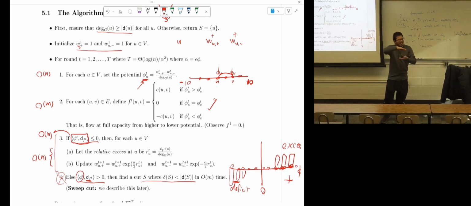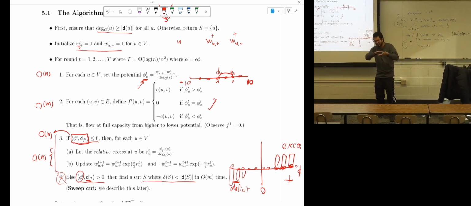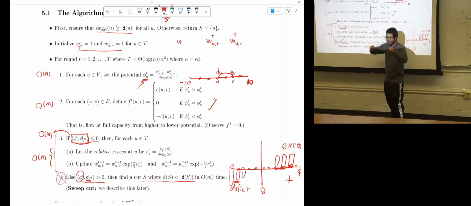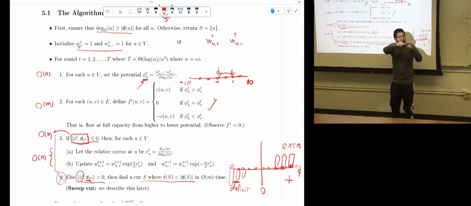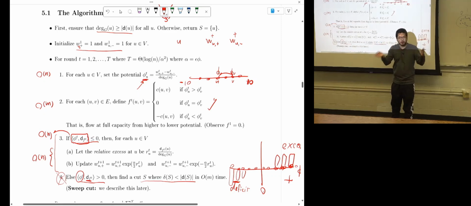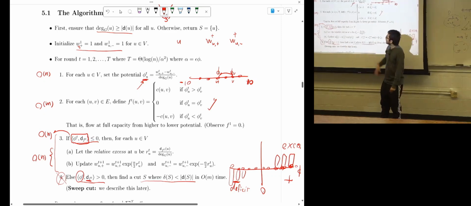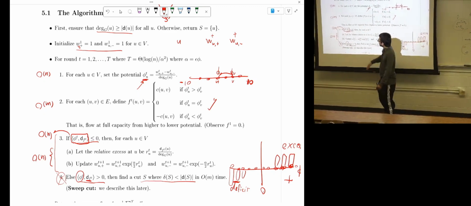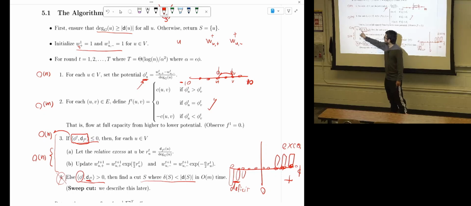If it has deficit, it will become exponentially negative. That's the potential. And then on each edge, send flow at full capacity from higher to lower potential node. Super greedy, okay?